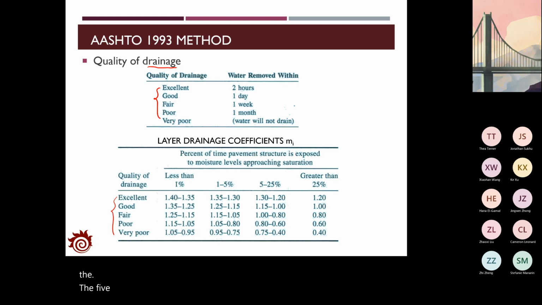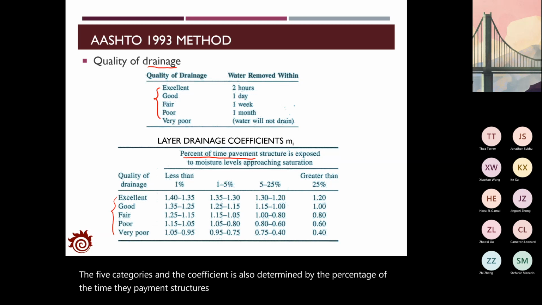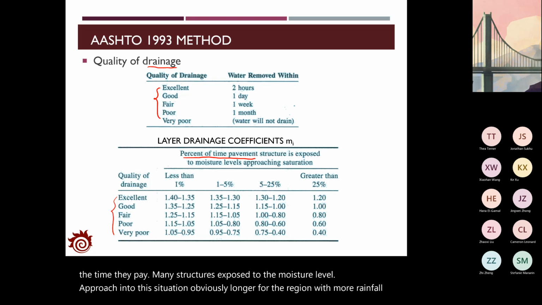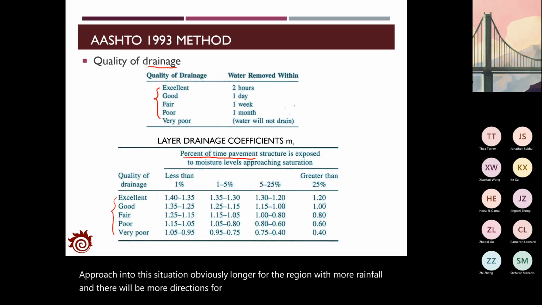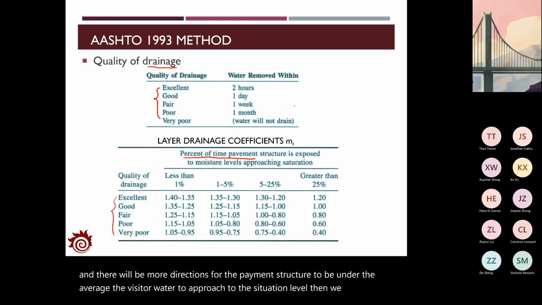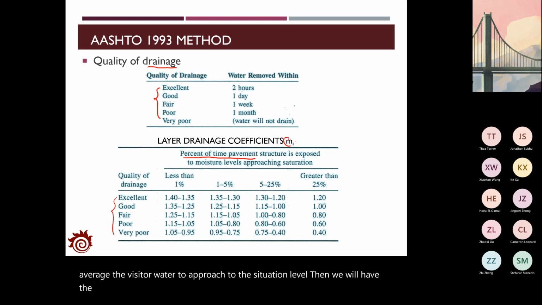The coefficient is also determined by the percentage of the time the pavement structure is exposed to moisture levels approaching saturation. For regions with more rainfall, there will be longer durations for the pavement structure to be with water approaching the saturation level, and then we will have a smaller drainage coefficient.